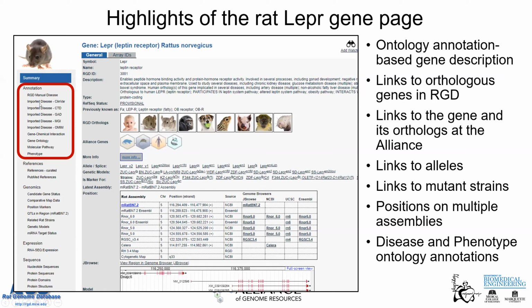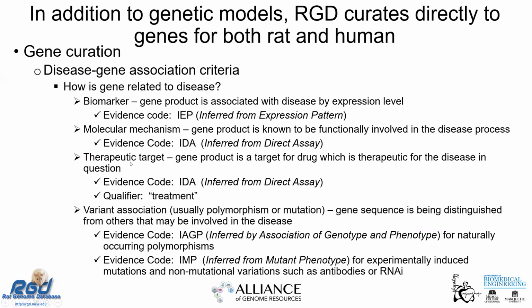So you can click one of these and it will take you down the page and show you the disease annotations. But before we go there, I wanted to mention basically how we annotate disease gene associations. So the question is, how is a gene related to disease? We don't only do annotations based on genetic differences.